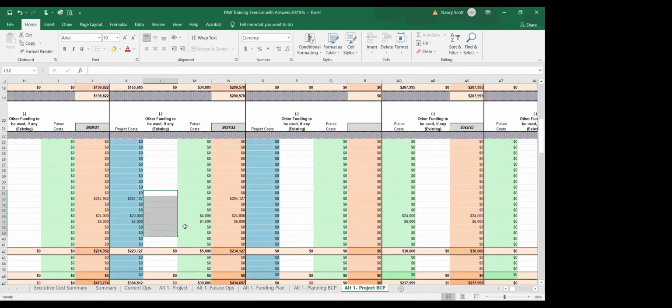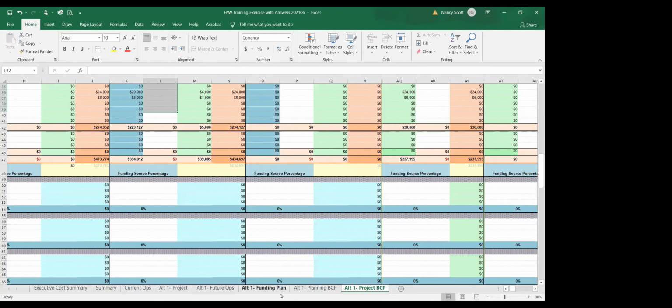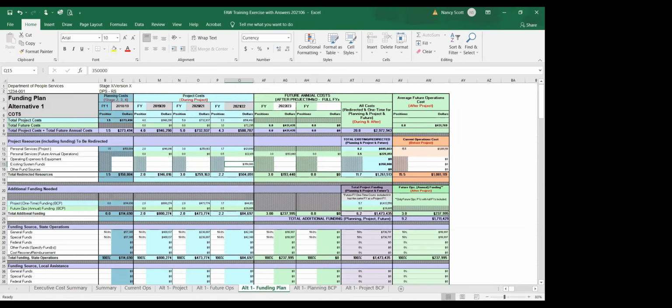They wouldn't have anything in there, and in their funding plan, they're going to write it out. And this, most likely, that BCP that they do is going to match the categories here, which is helpful when you're trying to decide, does the BCP match totally?